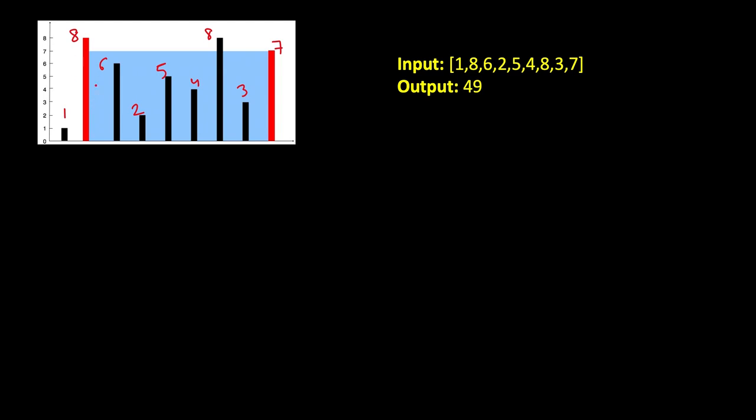So which two bars or walls will you select? There will be one left bar, one right bar. You don't know which is the best, so you will take the first bar, and the second will be the rightmost bar.